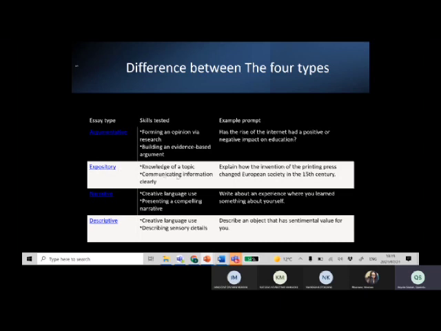Then you have your expository essays that usually test your knowledge about the topic and how well you are able to communicate clearly. So an example of an expository question will be, explain how the invention of the printing press changed European society in the 15th century. So here you have to explain, show examples, show evidence, show everything that you know about the printing press in the 15th century.